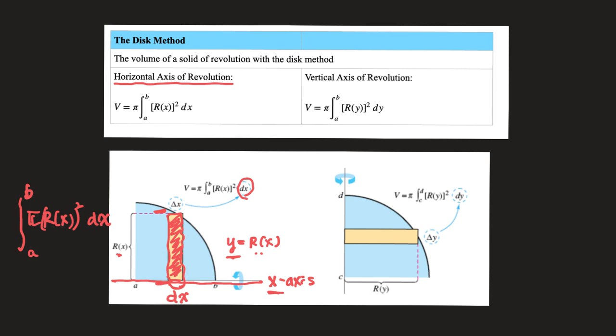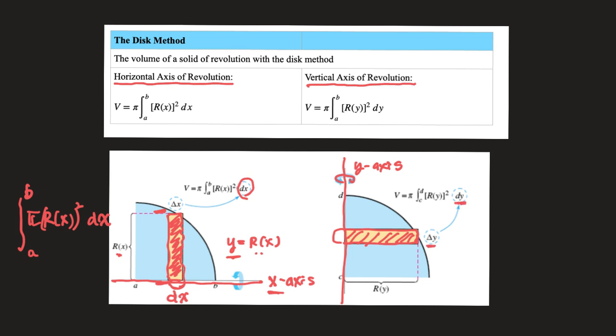That's how to find the volume when you rotate about the x-axis, or a horizontal axis of revolution. Another way, guys, look very carefully: the vertical axis of revolution. That's rotating about the y-axis. You make a rectangle perpendicular to the axis of revolution. This time you have delta y, which is dy from calculus class.